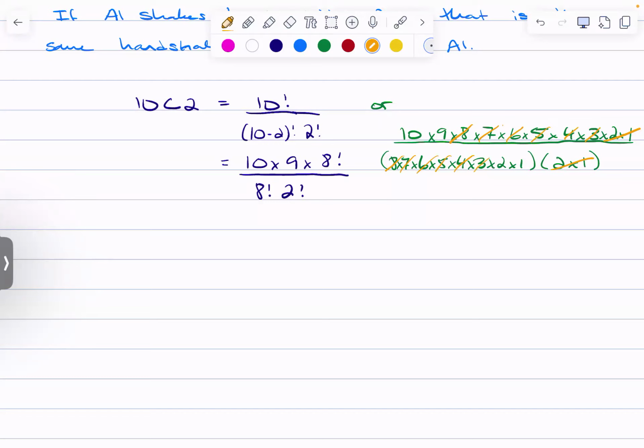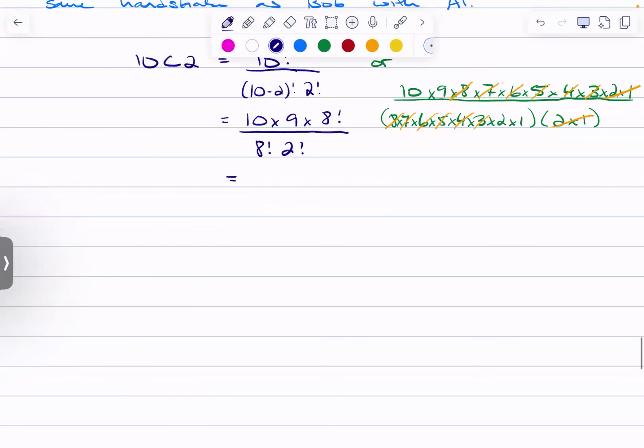You'd be left with the exact same thing: 10 times 9 divided by 2 times 1. I think it's a little bit quicker to just write out to the factorial, but you're welcome to do it the other way, because from here these just cancel.